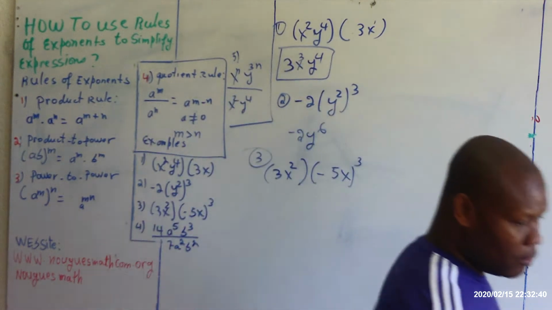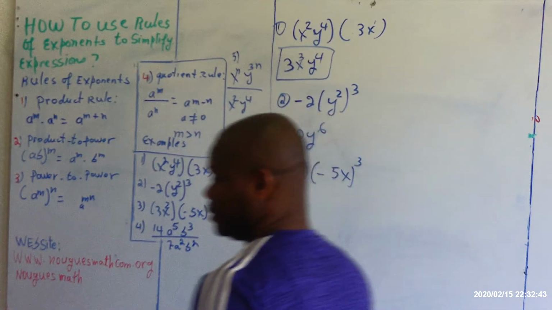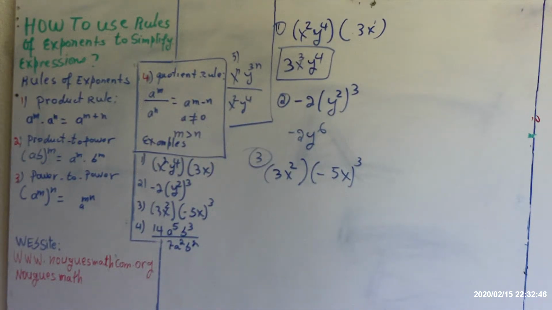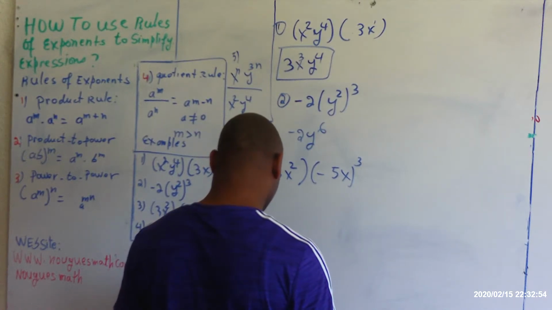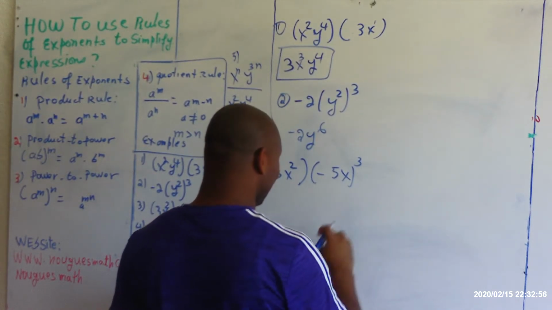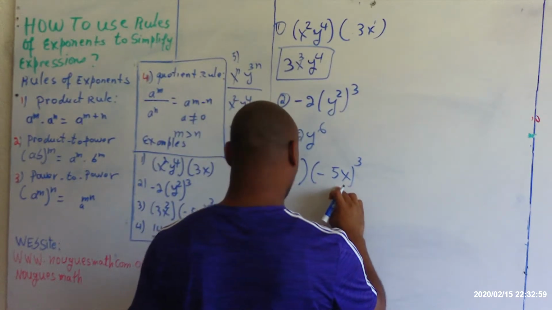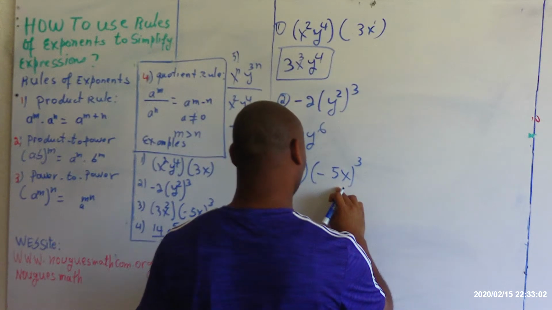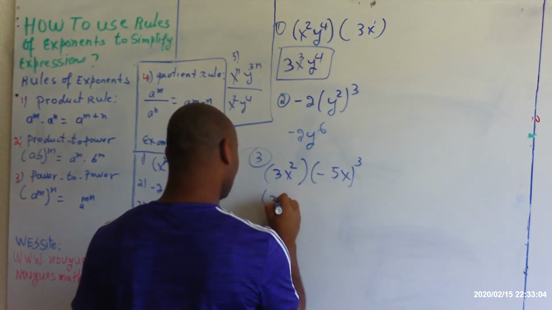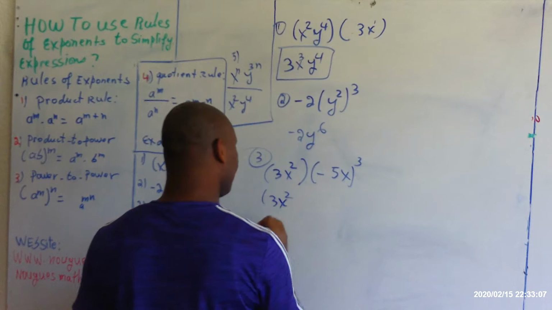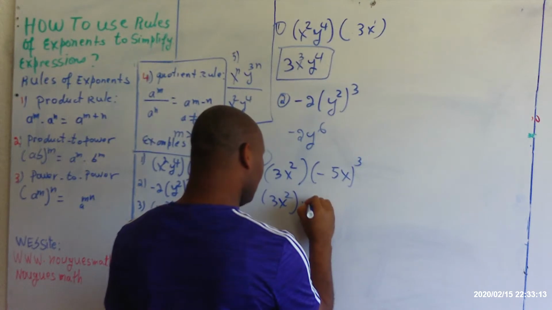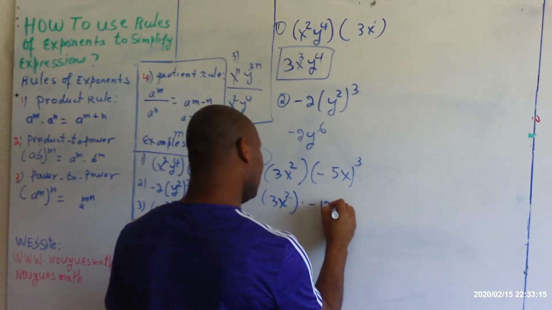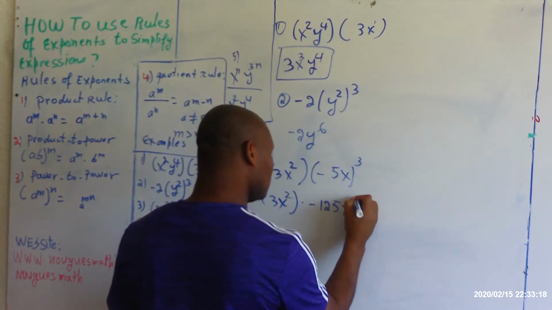So the power, that's going to be negative 5 to the power 3. That's 5 to the power 3, this will give you negative 125x cubed.